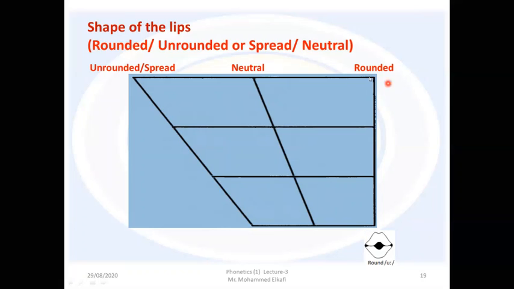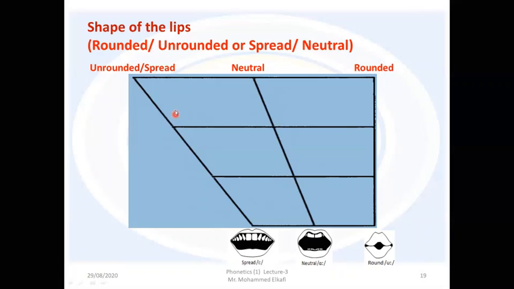This is the back part of the tongue. The shape of the lips will be neutral in case the sound comes from the central part of the tongue, as in aw, heart, card, and part. The sound here is aw, so the shape of the lips will be neutral.